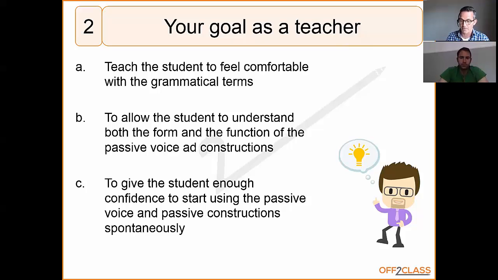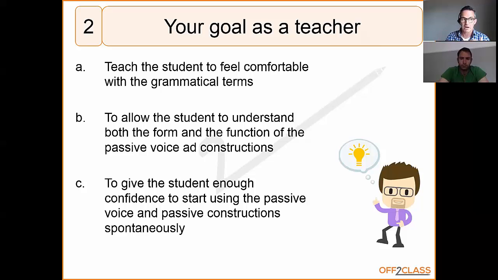The other big thing when teaching any area of grammar is to make the student understand both the form and the function. Students usually, depending on the culture, are very quick to understand the form. Some English can be reduced to almost a very short mathematical function, and people in particular use the passive in this way.